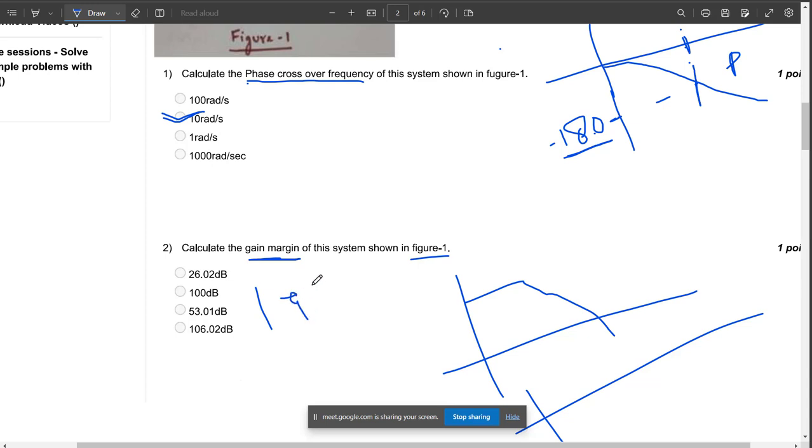You already know the value of mod H, right? The value of mod H is how much? You know it's 1. Now try to solve this question. I'll give you 3 more minutes and then we'll discuss.